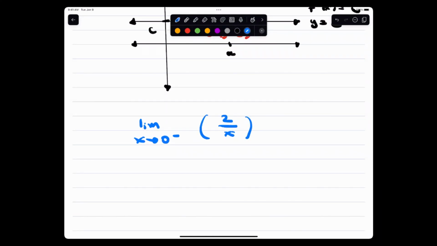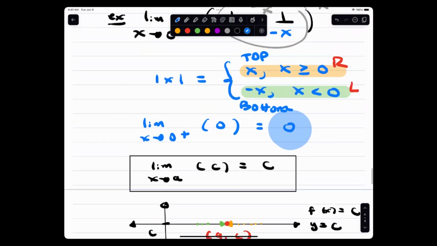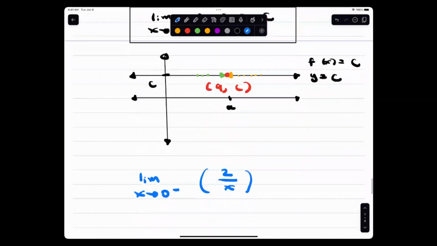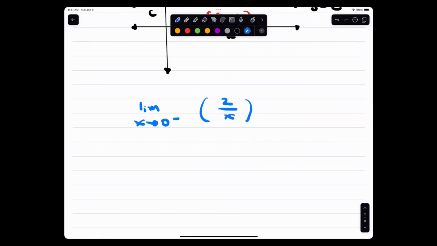So let's ask you guys, because this is actually a book question, if you guys didn't know. How would you handle this? Can I ask you guys a question? There's 2 ways to do it.